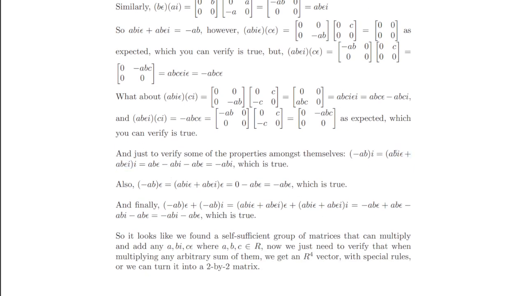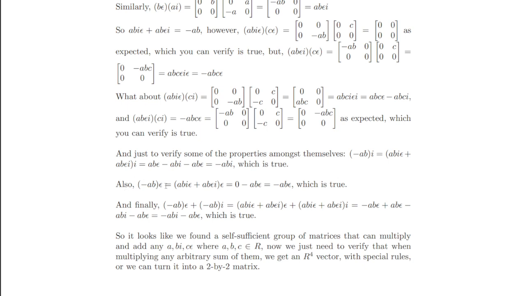To verify this is true, we get ab i epsilon i, which is ab epsilon minus abi. That's what it is. And then we have ab epsilon ii is negative ab epsilon. And these cancel out. And this becomes negative abi, which is exactly what we hoped for.